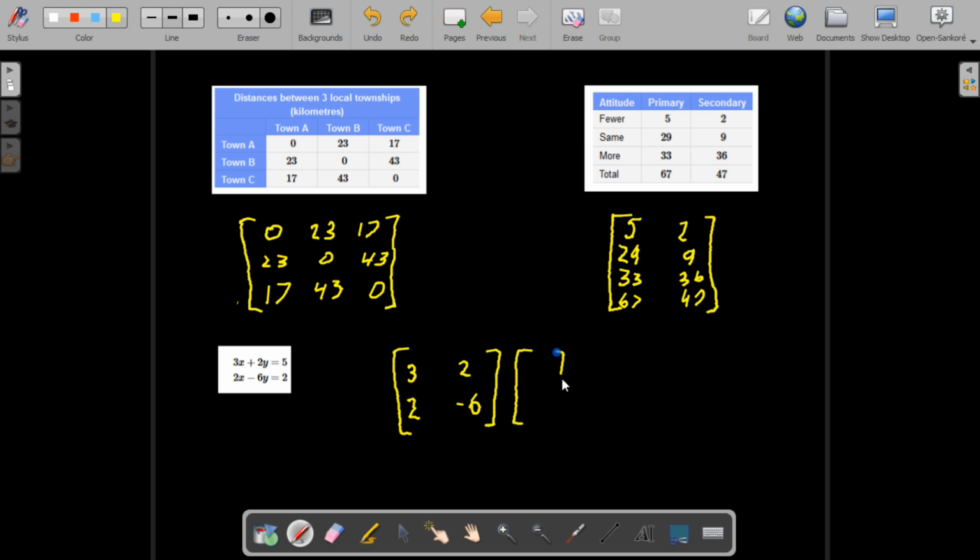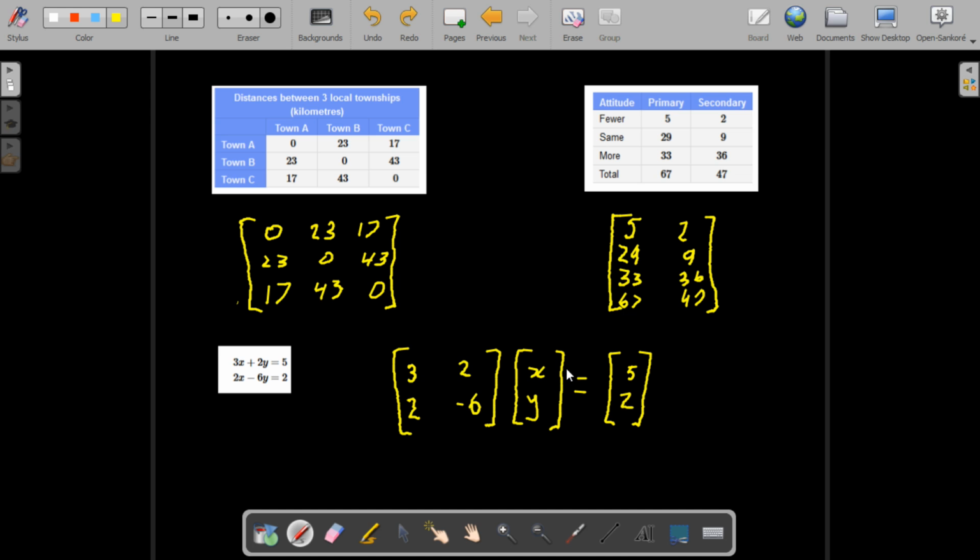We will be looking at examples like this later on, but this is just an introduction. We've got x and y, our unknowns, and that's equal to, and we'll make this a matrix by itself, 5 and 2. So instead of having to do this the usual algebraic way, we've got a different method, although still an algebraic method, for solving.